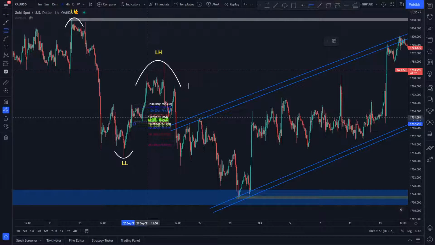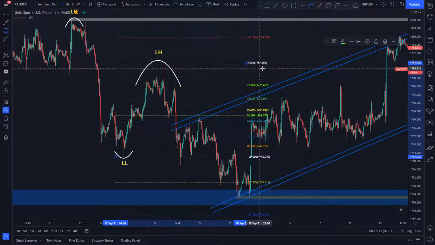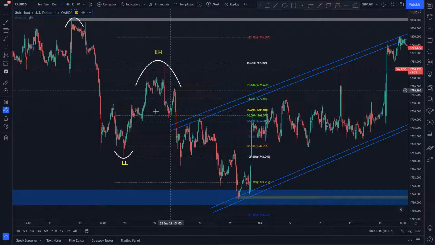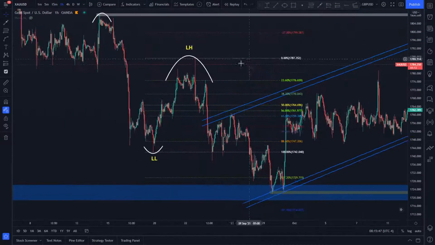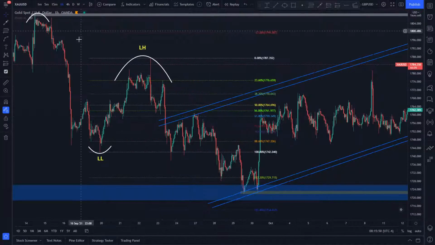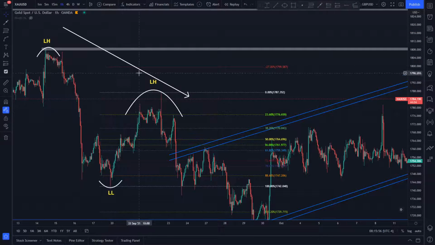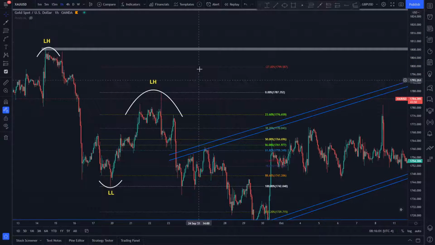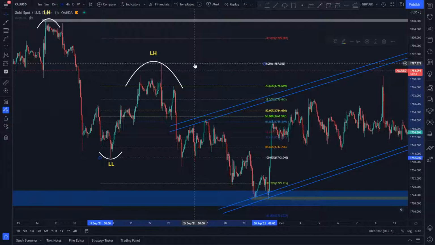Because what traders do is they draw fibs from here, and they think, oh, gold is in retracement, it's going to continue to buy, not understanding the basic laws of lower highs, lower lows, market structure in general. And they get into the wrong direction in the market. They're actually going against the trend because they don't understand that we're making lower highs and lower lows, and we should only be going for sells. So that's where traders make a mistake of buying. They buy confidently, and then boom, the market just tanks in the opposite direction.